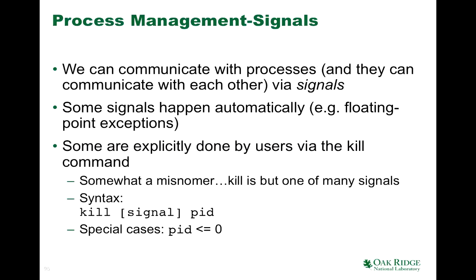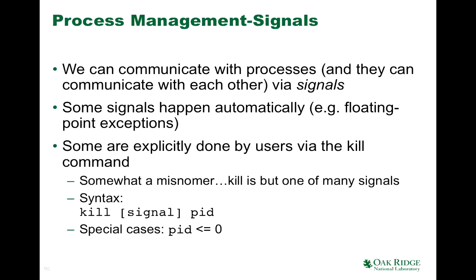Some of these are done explicitly by users via the kill command, which is actually a misnamed command because kill is a particular signal, but the kill command can send many different signals to a process. The syntax that we use for it is kill space the signal space the process ID. That's where the PS option becomes handy to find out what the process ID for a particular task is.